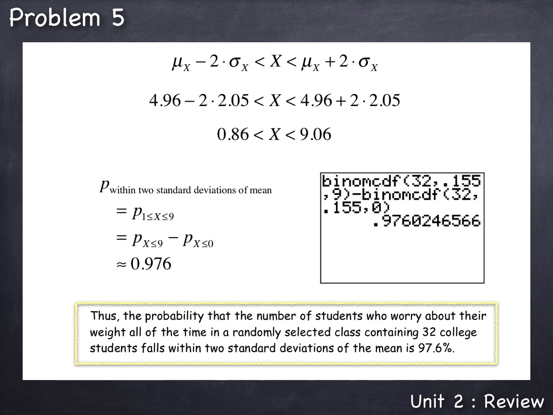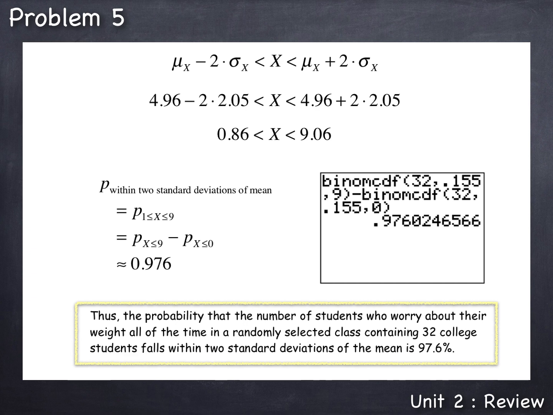So, since we can't get 9.06 students, but we can get 9 students who worry about their weight all the time, I entered the 9 in the first binom CDF command. Then, when we subtract the second binom CDF command, we entered in 0. That's because we can't have 0.86 of a student worry about their weight.